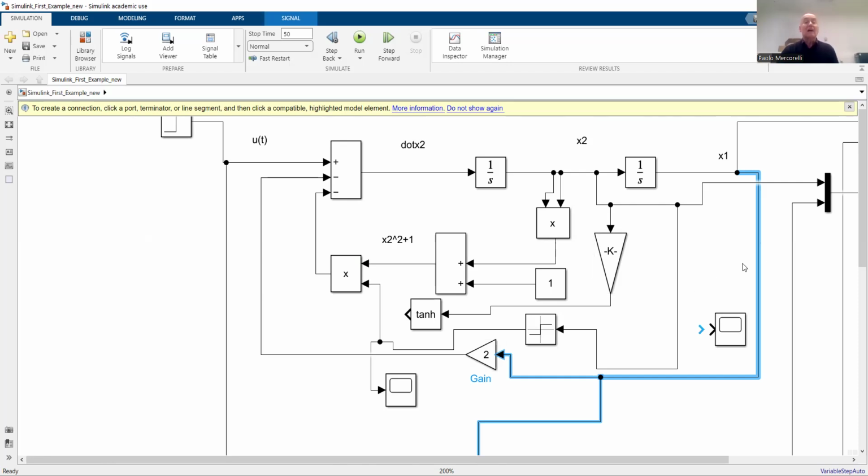Indirectly, I would like to say also from the information from x1, because we have a feedback. It's not necessary to measure x1, which is at the end of the chain of the system, to obtain the observability. x1 collects all information. Look, the energy is passing through these two integrations, and let me say ends up in x1.